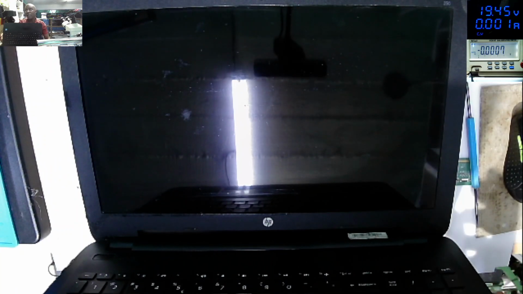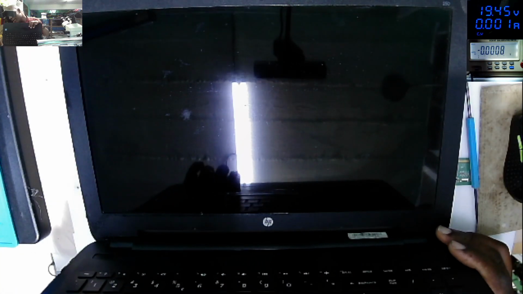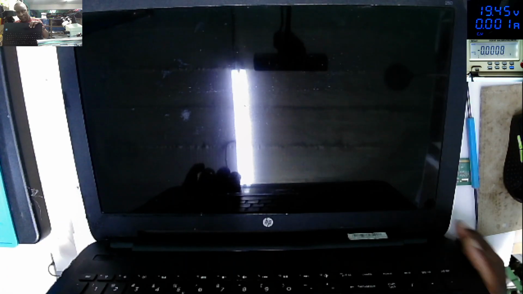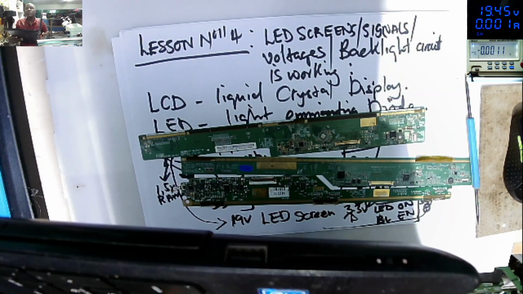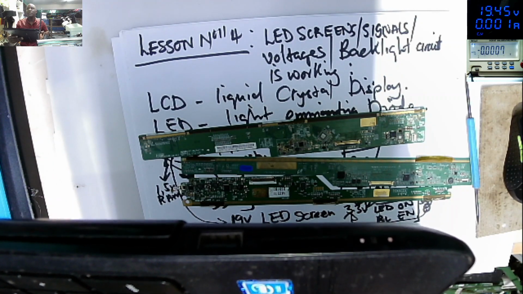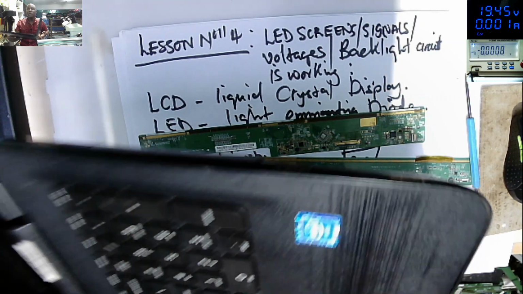So this laptop is coming on, but we don't have backlight. Even from this end, you can see those two LEDs. Our laptop is on, but we don't have light on the screen.